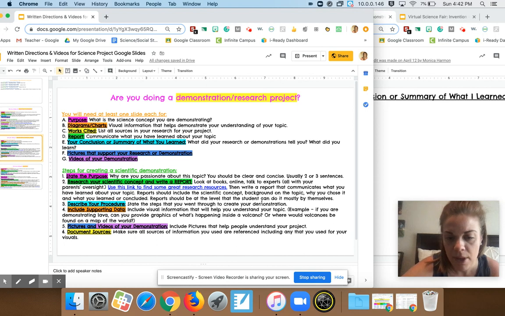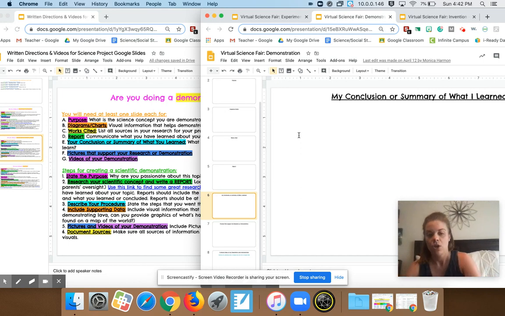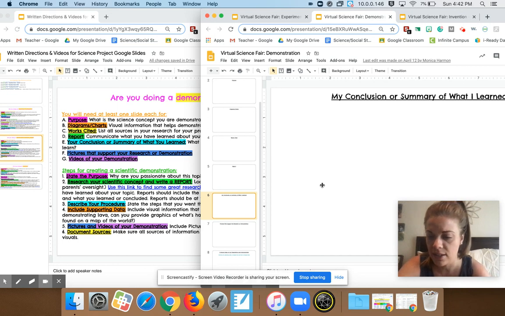If you're just doing a research project and you don't really want to actually do a demonstration of something, that's fine. Just make sure that you came up with a conclusion or a goal of what your research was. You don't actually have to come up with a demonstration if you're not entering this into the science fair, so don't worry about building or anything like that. But just give me a good conclusion in writing about what you learned.